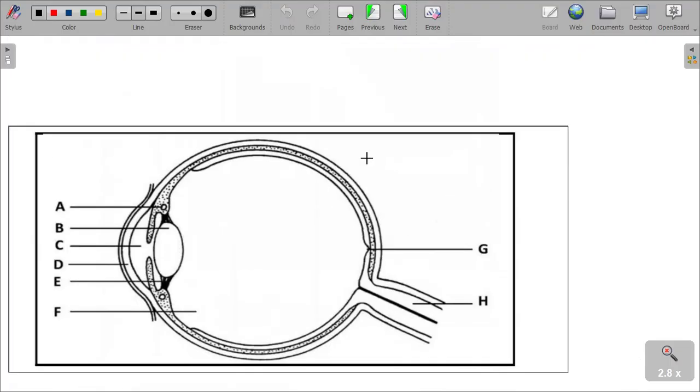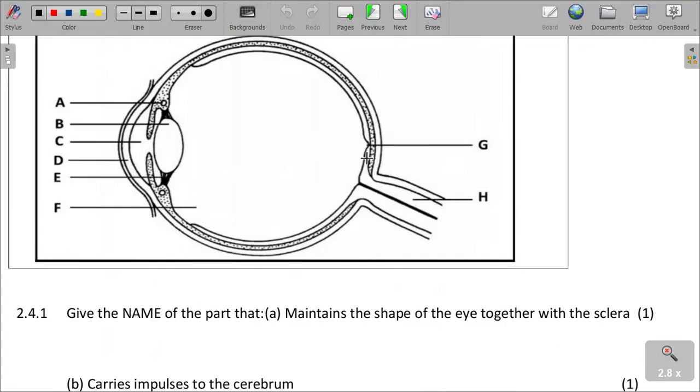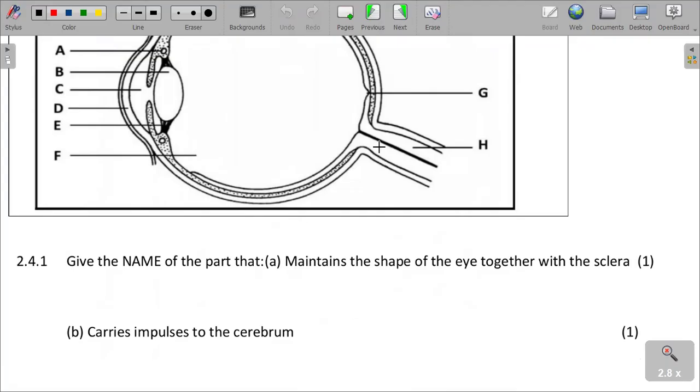We are given the structure of the human eye, and asked to name the part that maintains the shape of the eye together with the sclera.